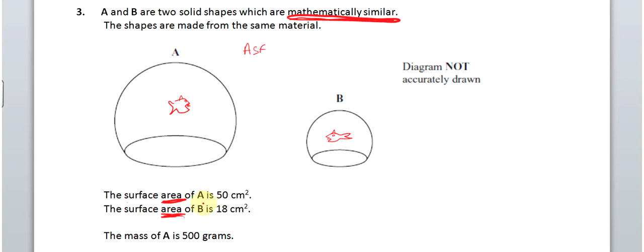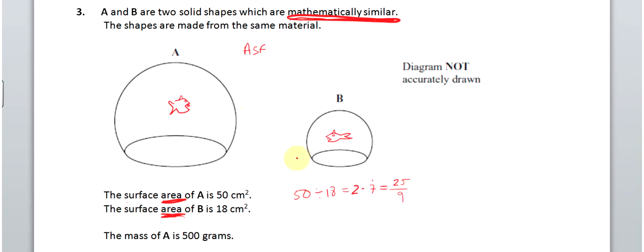Now, if I do 50 divided by 18, then I get 2.7 recurring, which is also the same as 25 over 9. That's what my calculator says anyway.